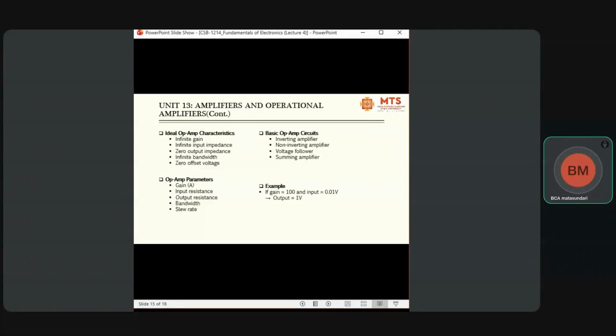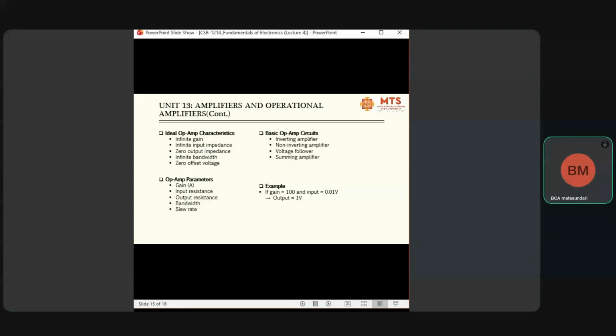Next, ideal operational amplifier characteristics: infinite gain, infinite input impedance, zero output impedance, infinite bandwidth, zero offset voltage. Operational amplifier parameters are gain, input resistance, output resistance, bandwidth and slew rate.